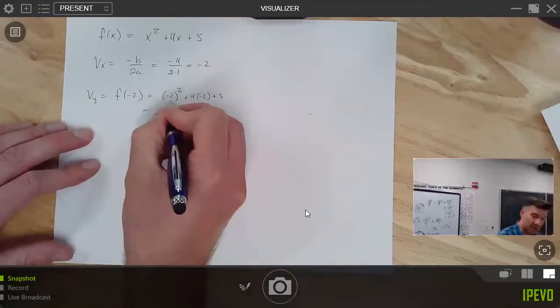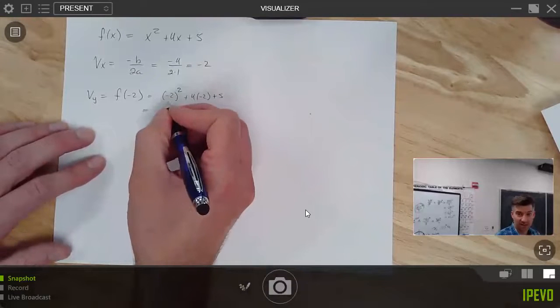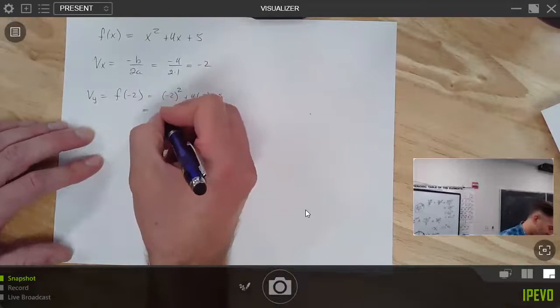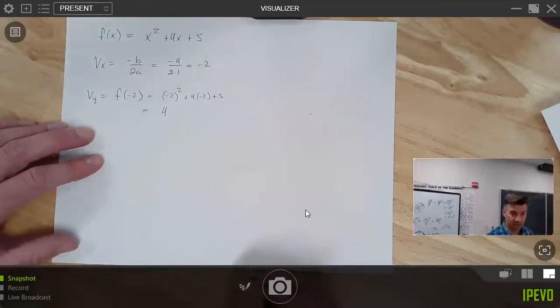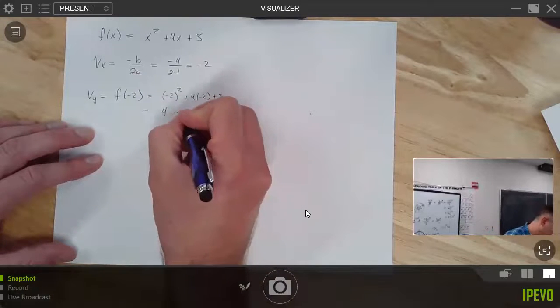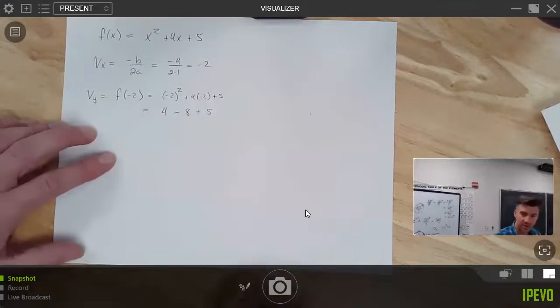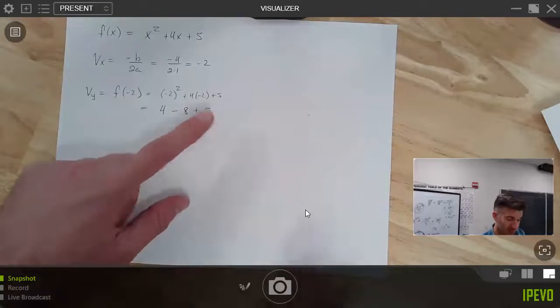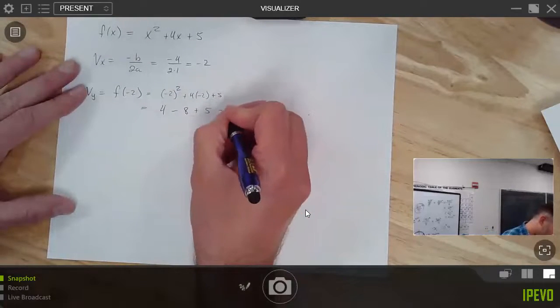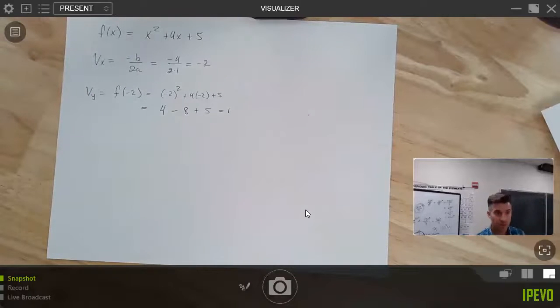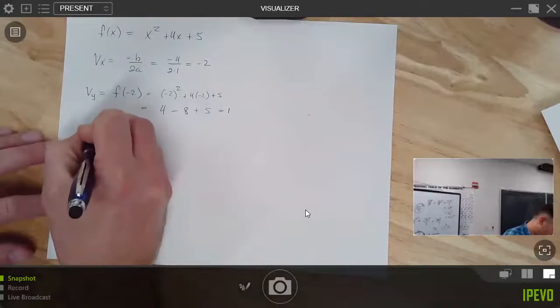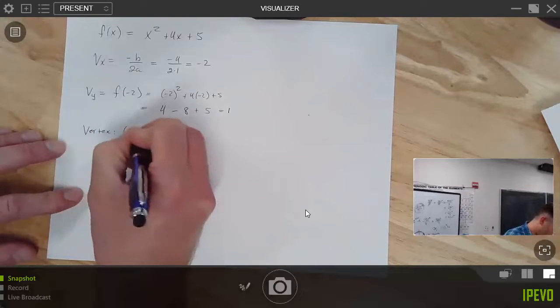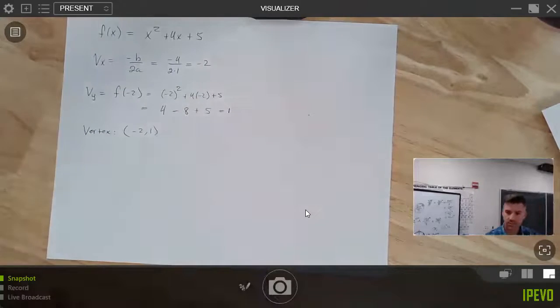A negative number squared is a negative number times itself. That's going to be +4. It's -2 times -2. -8 plus 5. 4 minus 8 is -4. -4 plus 5 is +1. So our vertex here is the point -2, +1.